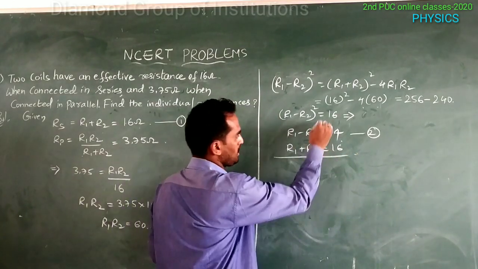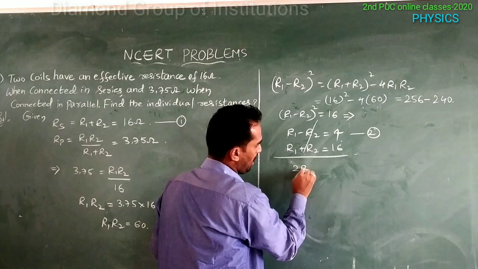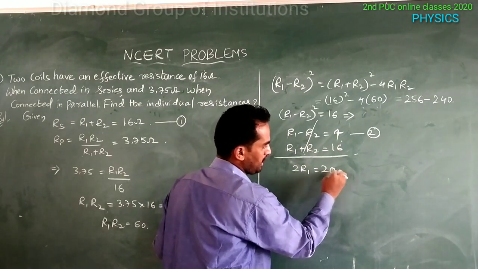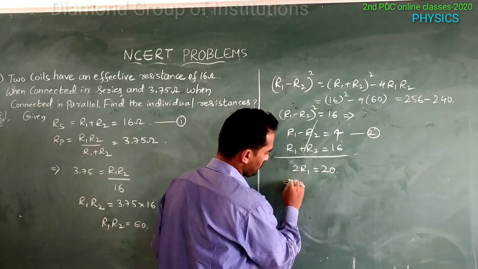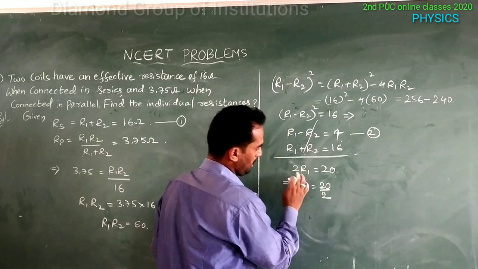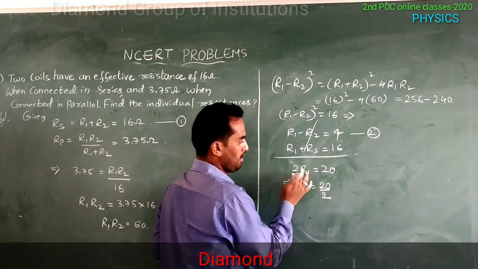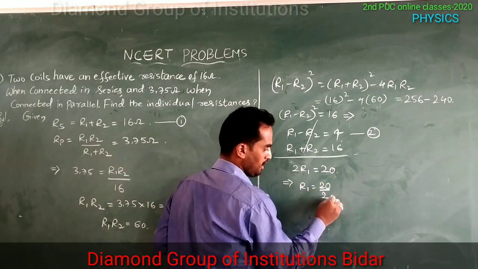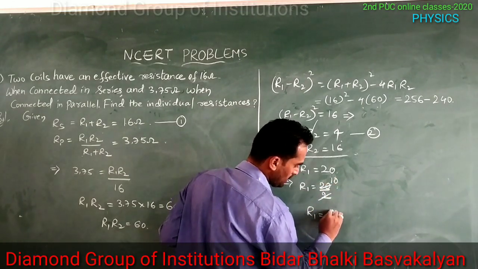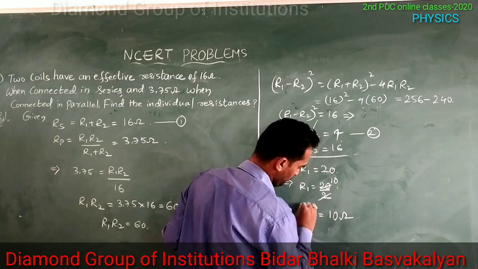Do simplification. 2 into R1, 4 plus 16 becomes 20. So R1 becomes 20 by 2. Here the multiplying 2, if it goes to this side, it becomes divided. So the value of the individual first resistance is 10.